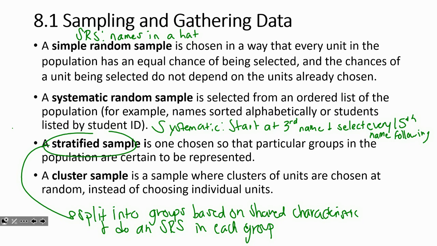And then the last one we have is called a cluster sample. Now, the biggest thing to think about with cluster sampling is it has to do with location. Okay, so cluster, location, location, location. So what I mean by that is, let's say, same example as before, you still want to know if staff want the extra hour off or whatever.